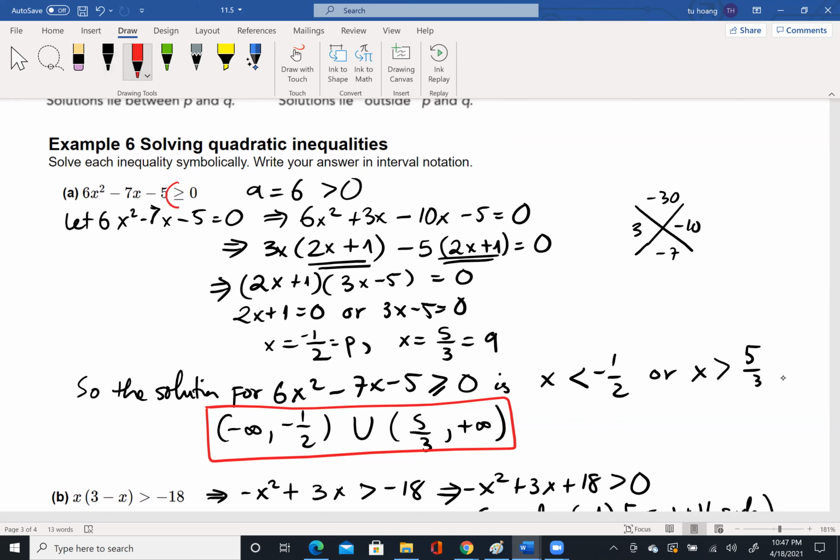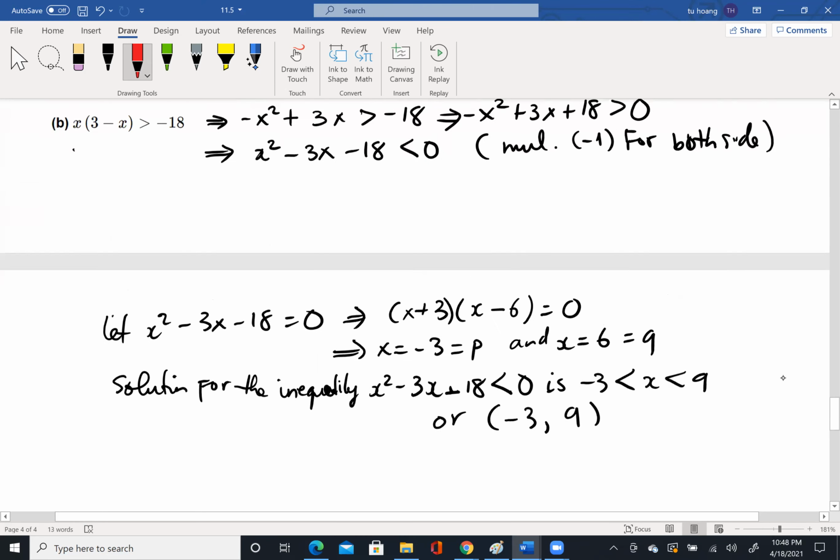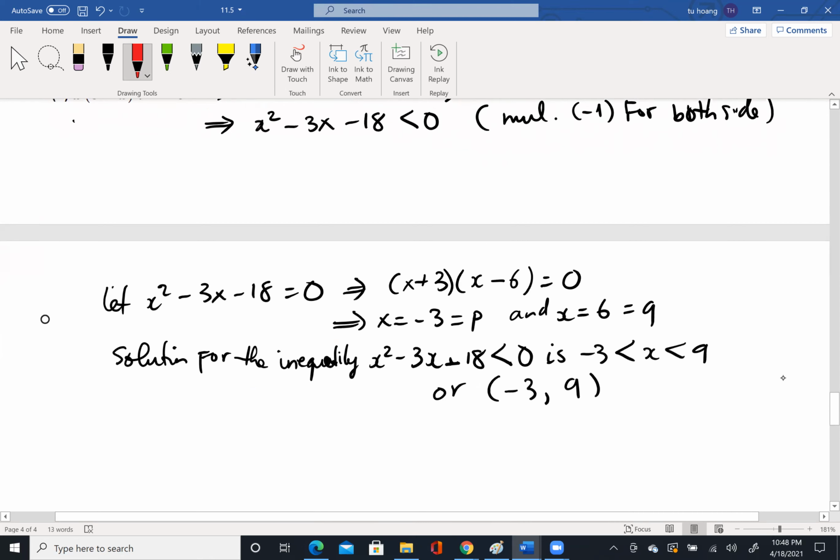The A here gave me the inequality with the equal sign, so I have to change it a little bit. I have to include the negative 1/2 and 5/3, and then that's going to be the solution of the inequality that we are having here.